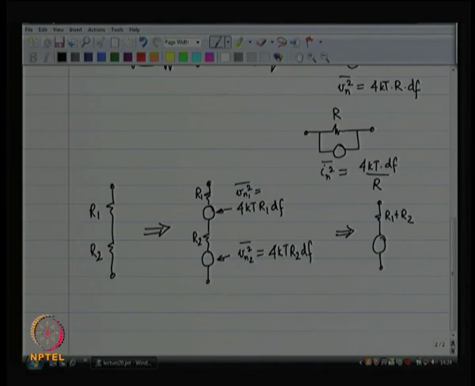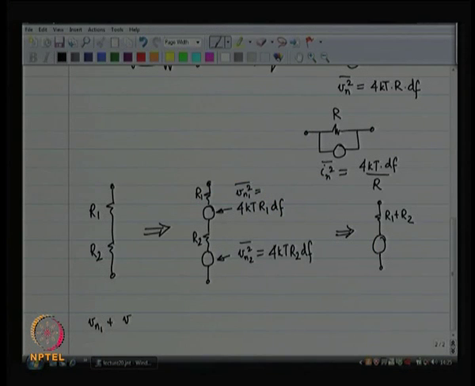The earlier two voltage sources were not really voltage sources, they were in terms of the square of the value. We showed that since these two voltage sources in the mean squared sense are uncorrelated with respect to each other, they are random processes uncorrelated to each other, the square of the sum is equal to the sum of the squares.